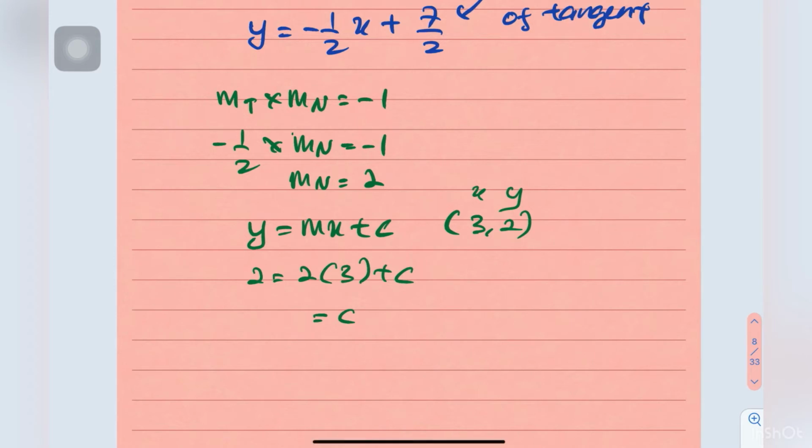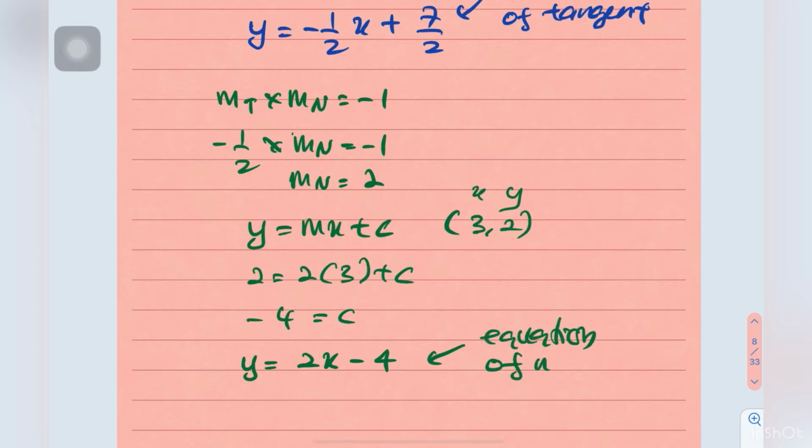So c is 2 minus 6, which is -4. Okay, so the equation of normal is y equals 2x minus 4. Okay, this is the equation of normal.